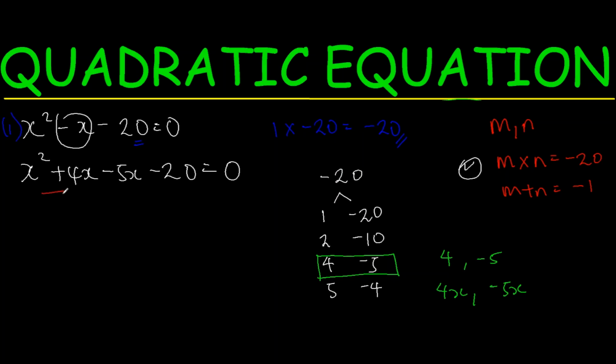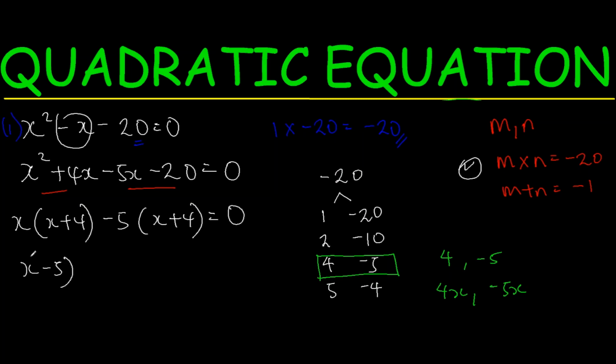So now factorizing by grouping the first two and the last two together, factorizing x squared plus 4x, we have x times x plus 4, minus 5 can come out here, and we have x plus 4 is equal to 0. So we have that x minus 5 times x plus 4 is equal to 0.